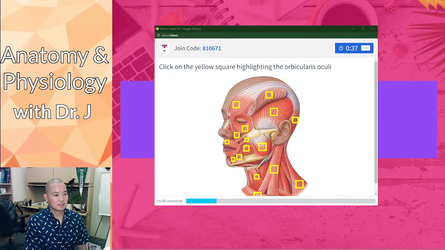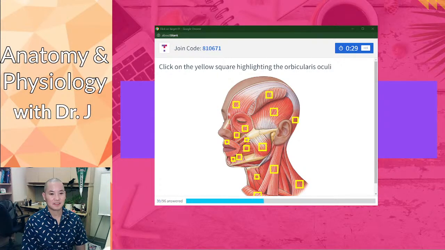So, Orbicularis Oculi, and a hint: there's a location and there's also a shape in the name. Even if you've never actually done the homework or identification of these muscles, can you make a good guess at where it is?